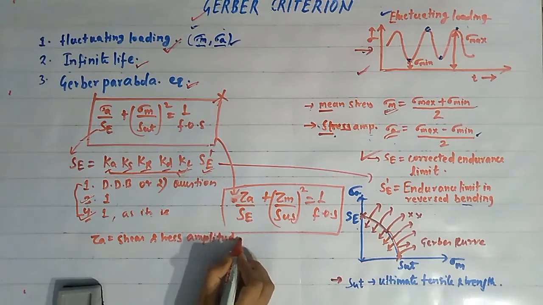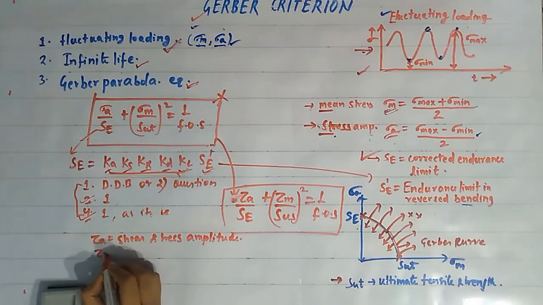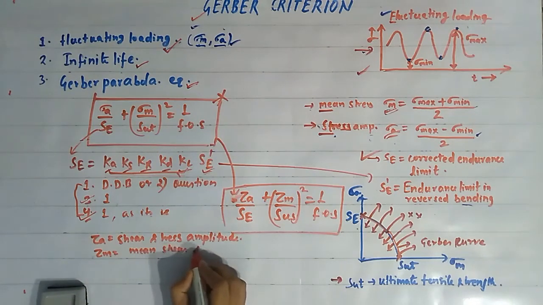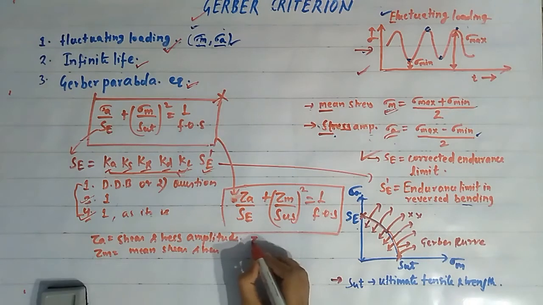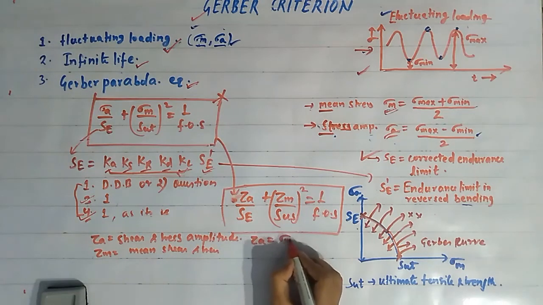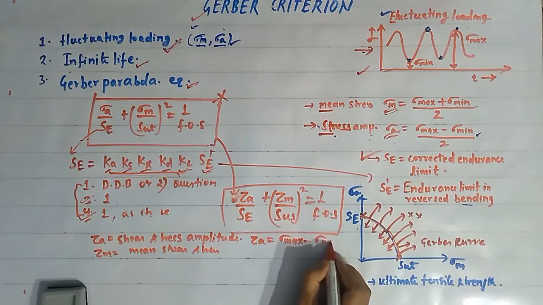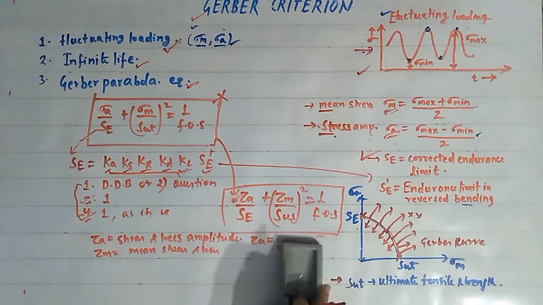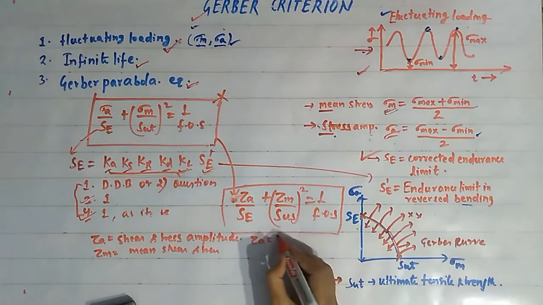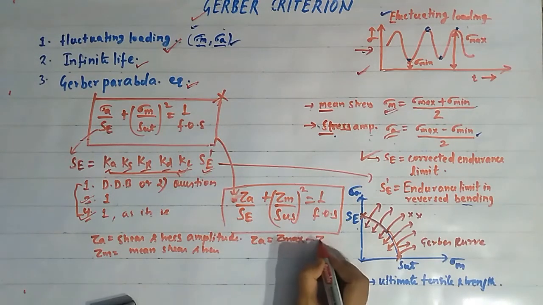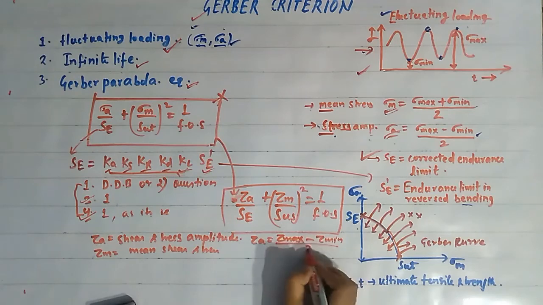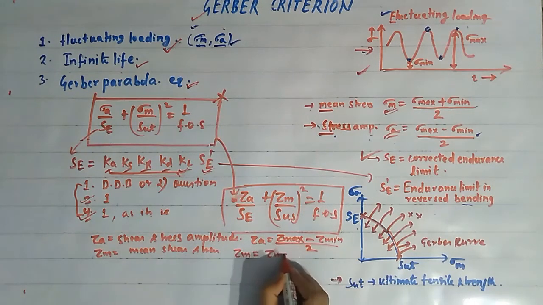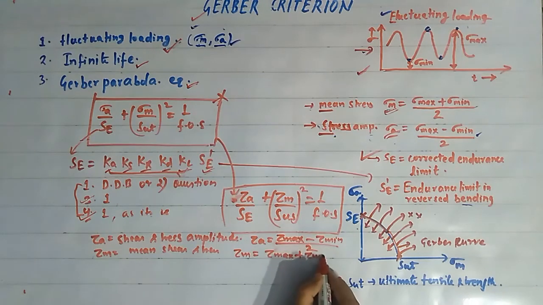And tau m is the mean shear stress. Tau a is given by tau max minus tau min divided by 2, and tau m is given by tau max plus tau min divided by 2.